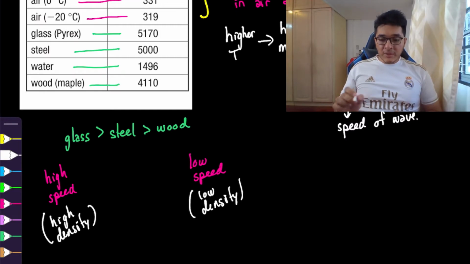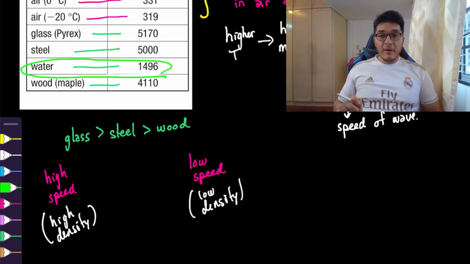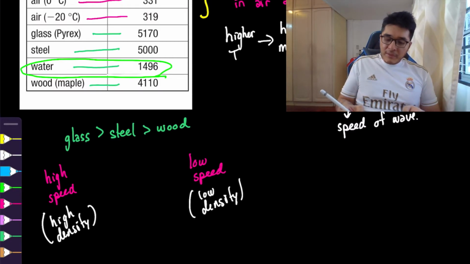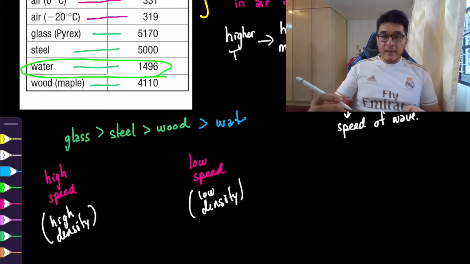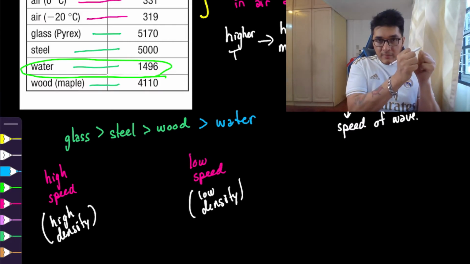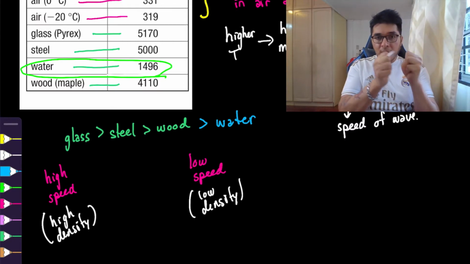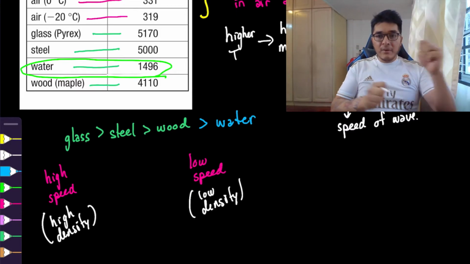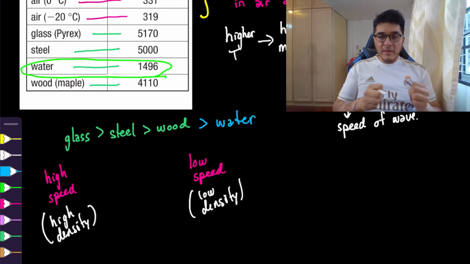Now the one that's interesting here is water. It's kind of like the odd one out, right? Notice that in water, it is less than the previous three. And it's also due to density, because in solids, we have the density much higher, but in liquids, the particles are moving about more in that particular medium.